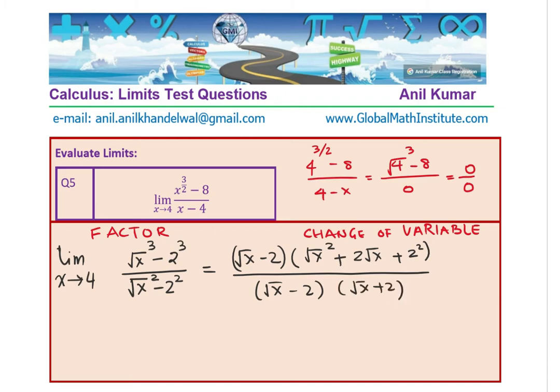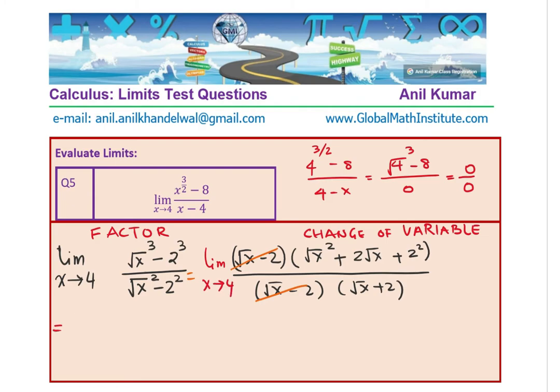Clear? You could now cancel the factor which made 0 by 0, this indeterminate form. You get the idea. Don't forget to write limit. So you should always write limit as we move along.